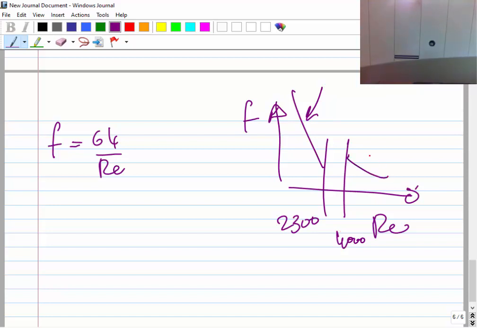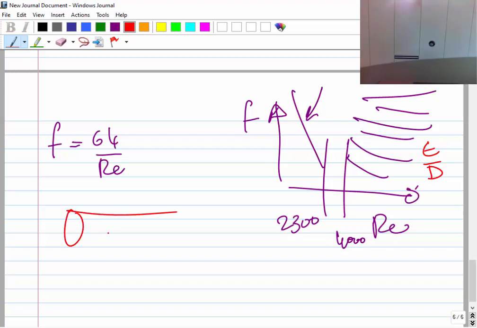When you are turbulent, you have all those curves, and those curves are for different, what are those curves? Does anyone remember the Moody chart? Epsilon over D. All those curves are for different epsilon over D. D is the pipe diameter, of course, and epsilon is the roughness of the pipe, and that's a material thing.